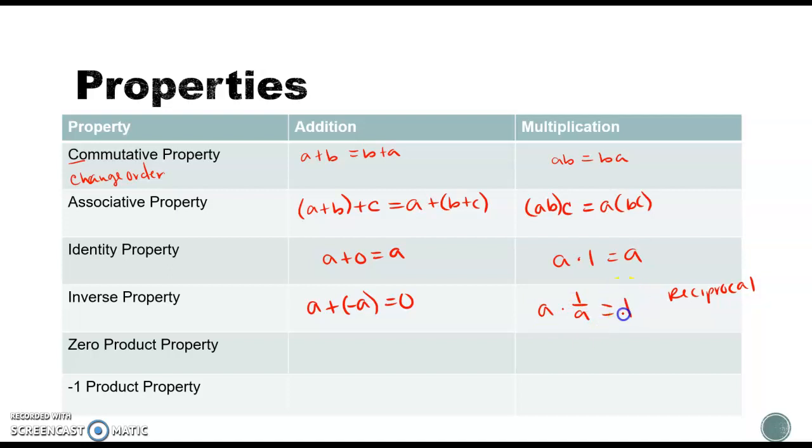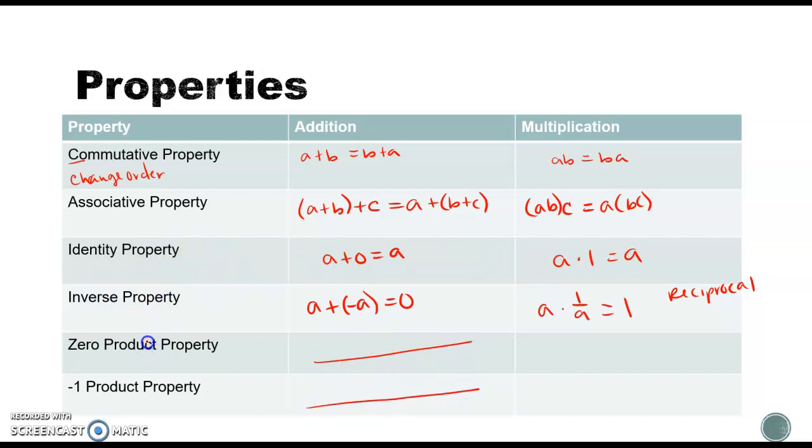So what I'm trying to do is get to basically our identity number. Here, A plus a negative A gives us 0, and A times 1 over A gives us 1.